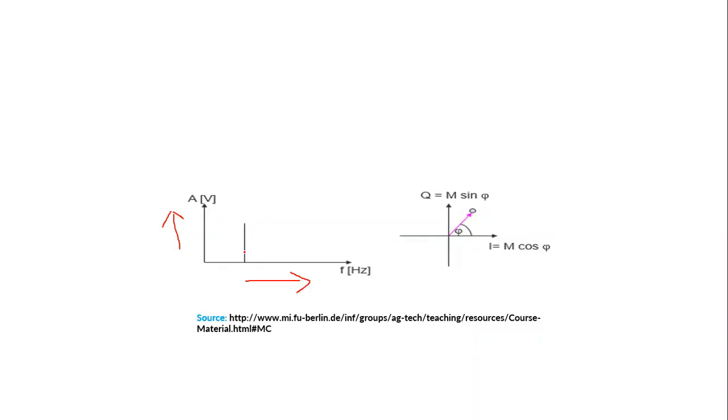It does not have different frequencies. If there are different frequencies, then you may have multiple lines. In this case there is only one frequency, so you get only one line.